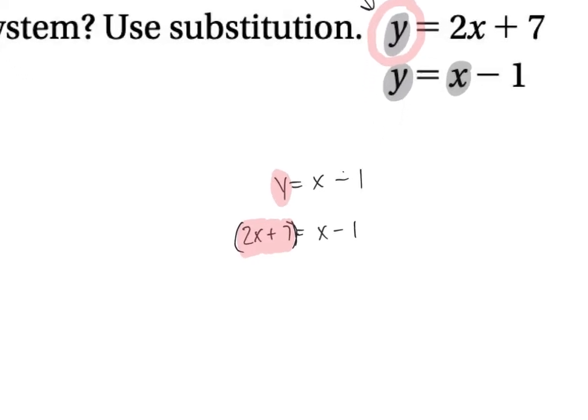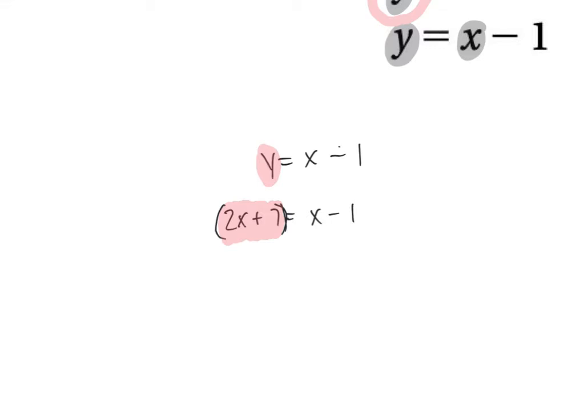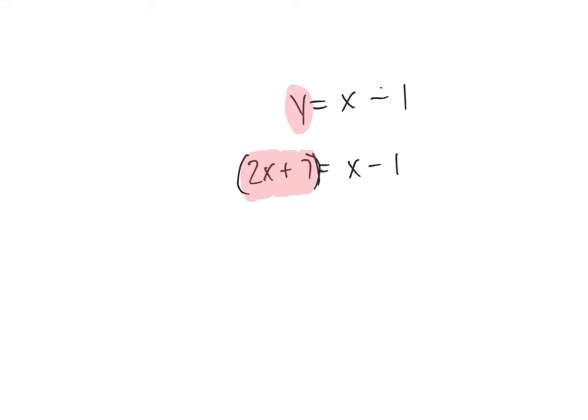Okay, once we have this equation, how do we solve it? 2x plus 7 equals x minus 1. What can we do? Let's see if we can figure this out together. What do you think, Roy? Take away the parentheses. Okay, so 2x plus 7 equals x minus 1.